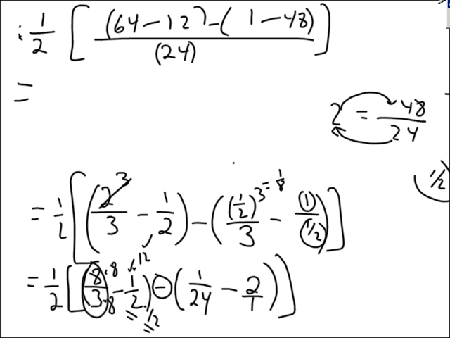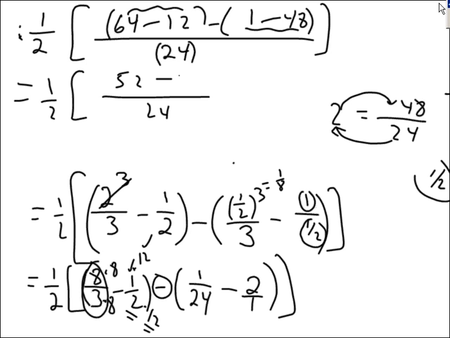We can surely clean this up. Over 24. 64 minus 12, 52, minus 1 minus 48 is negative 47. And you have 48 on the bottom. 2 times 24 is 48. And the 1 you could ignore. Multiplying the numerator by 1 won't do anything. 52 minus negative 47 is 99.